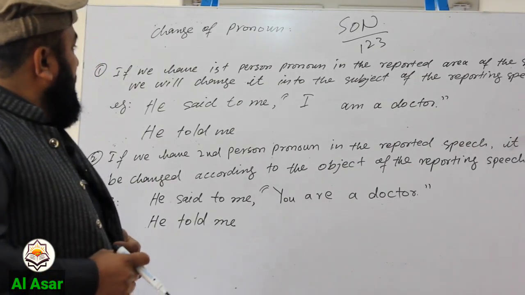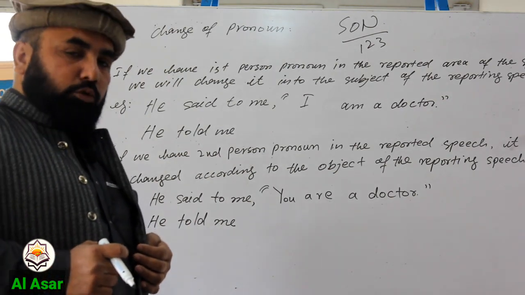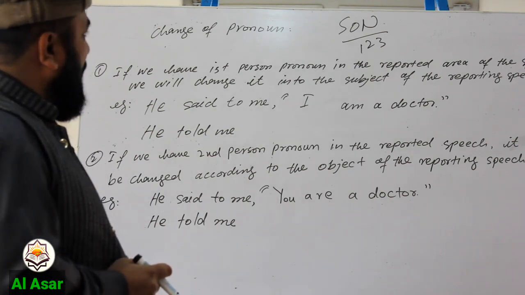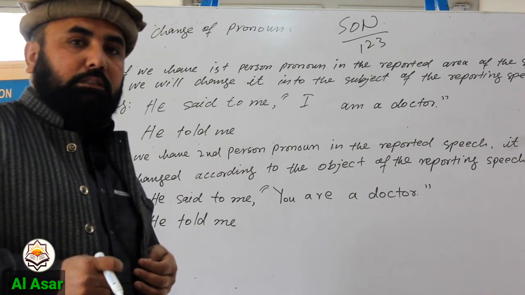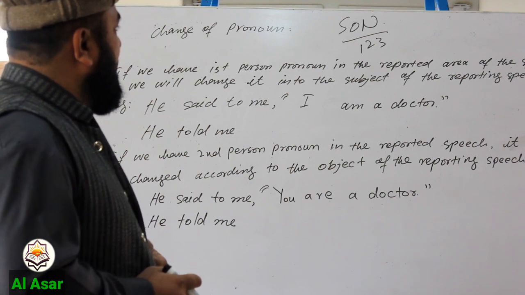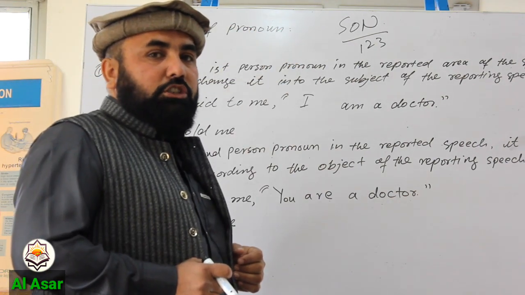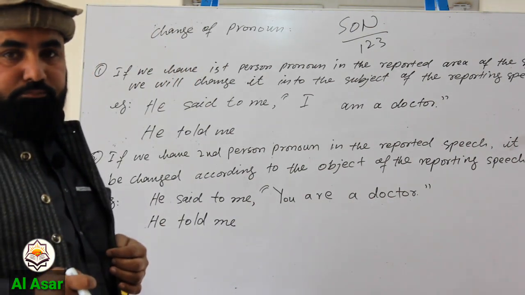Now, we will change some of the assertive sentences into indirect speeches. But what changes are made while changing direct speech into indirect speech? The first change that will occur will be the change of pronoun. How to change pronoun in direct speeches?